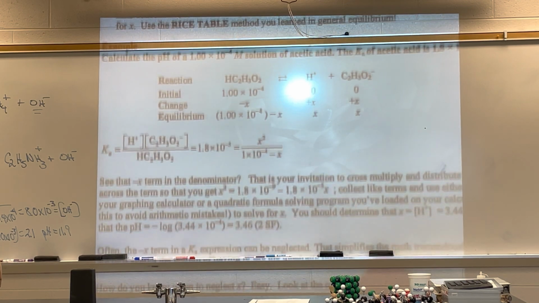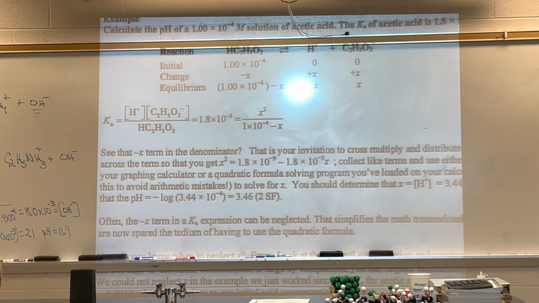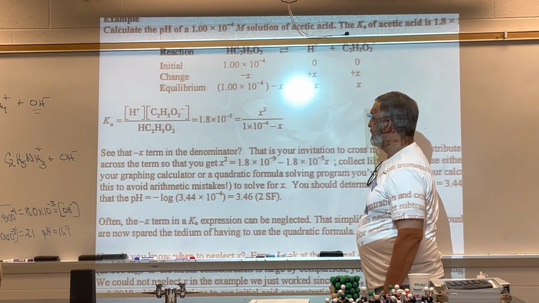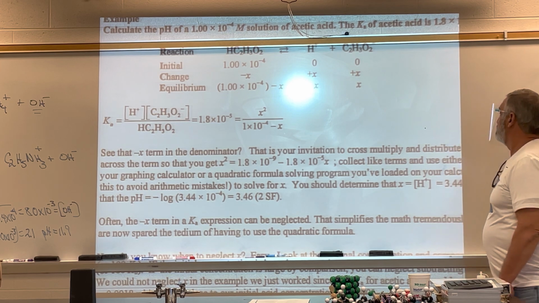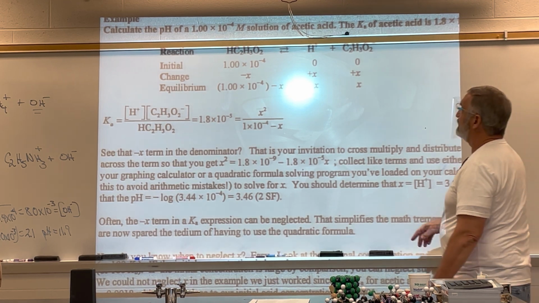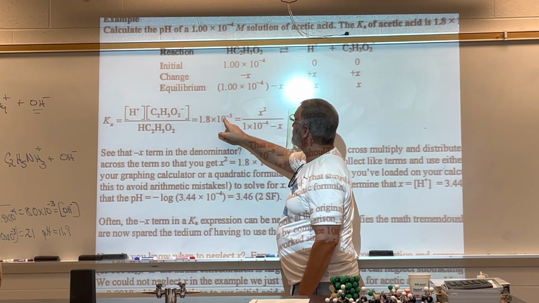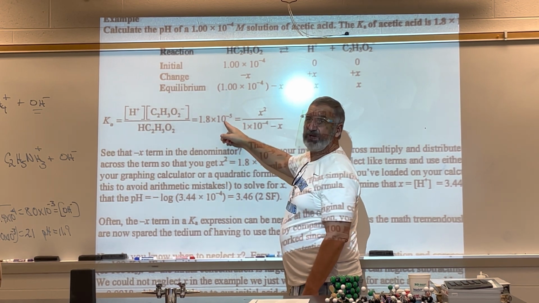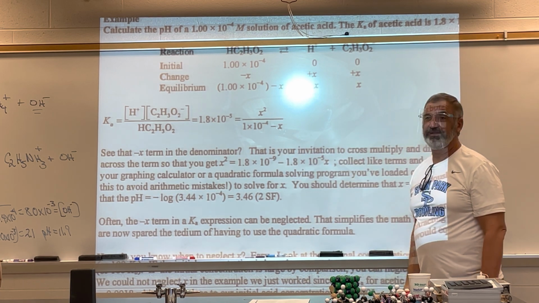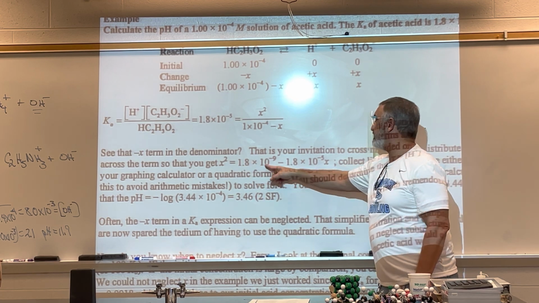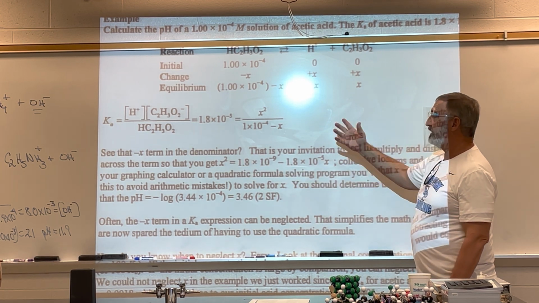Here's your ice table. What can we assume about this X? Now, on this particular one, 1 times 10 to the minus 4th and 1.8 times 10 to the minus 5th is not a big enough difference to make the exception on the X. And so they go through and say you can cross multiply, get your quadratic equation, and then put it in your graphing calculator.